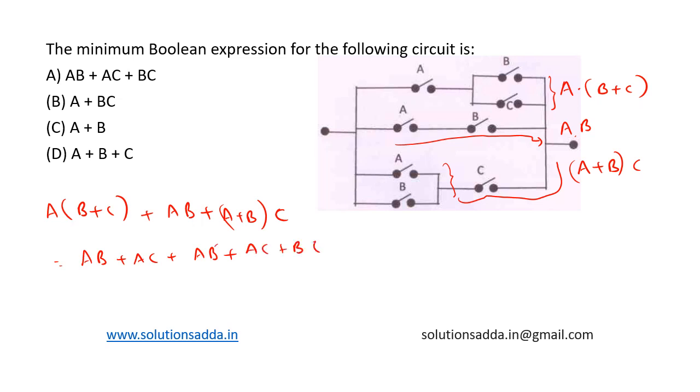AB and AB are repeated, so let's cut one. AC and AC are also repeated, so let's cut one. So the final answer would be AB plus AC plus BC. This would be the final answer. So we have AB plus AC plus BC, and option A is the matching answer. Option A is the correct answer here.